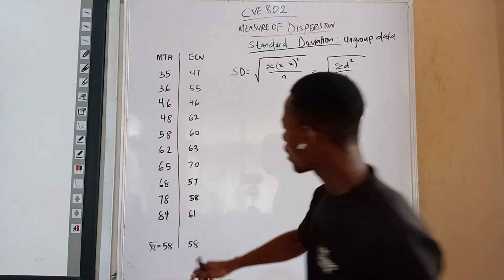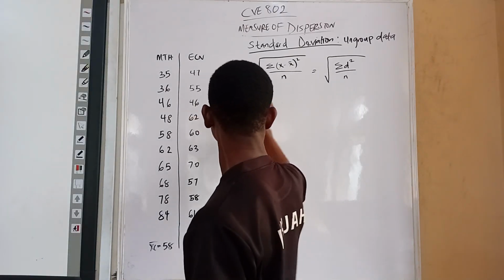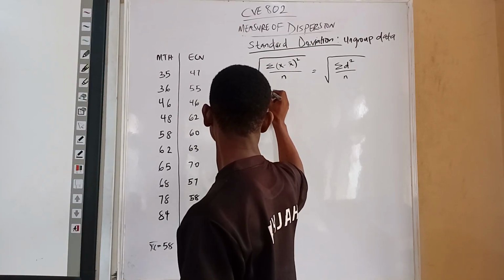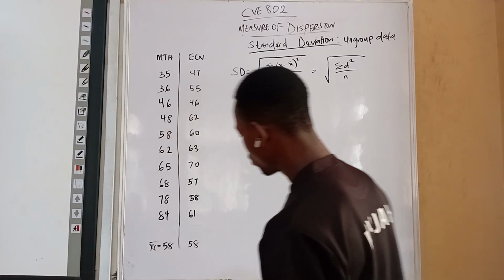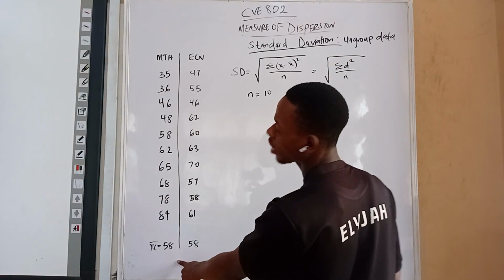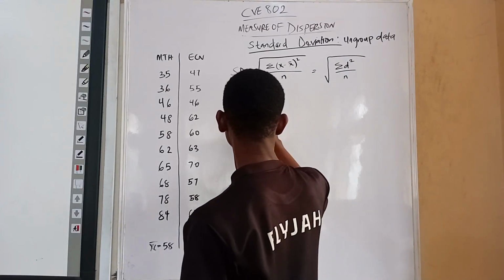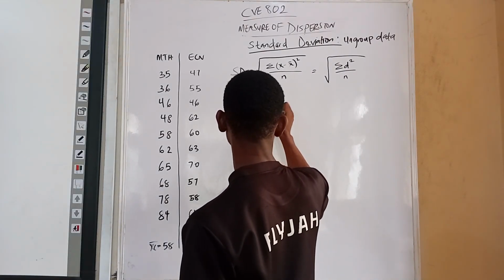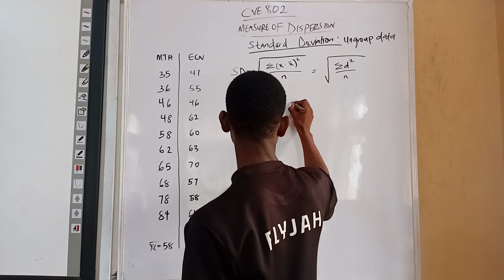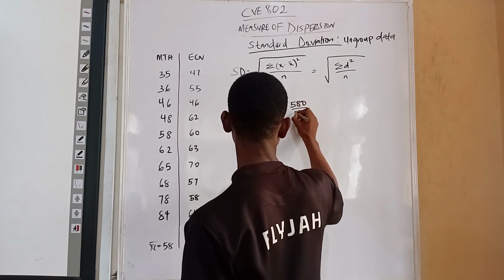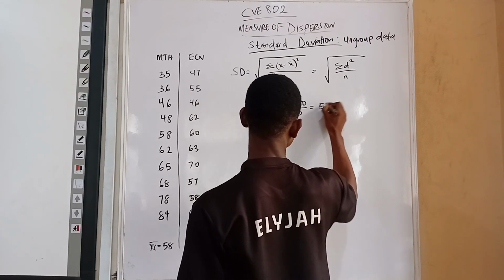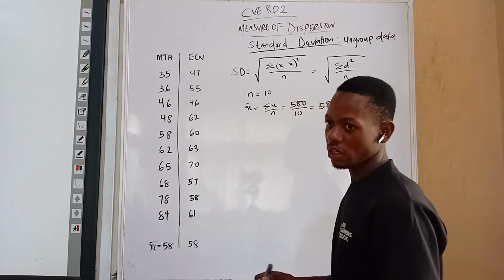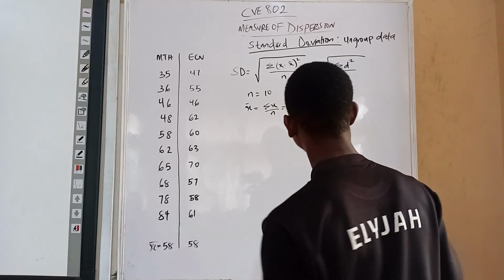Our n is equal to 10 because we have 10 students. We've also calculated our mean the other time: x bar equals summation x over n, which is 580 over 10, which is 58.